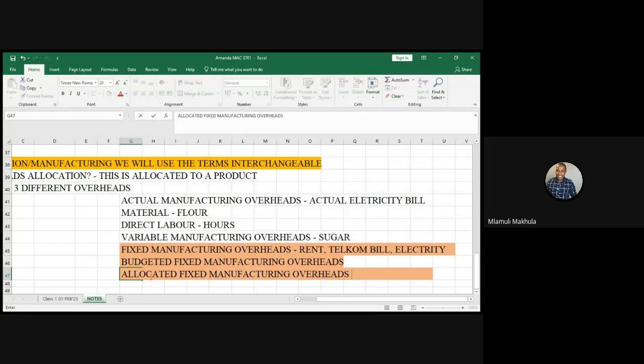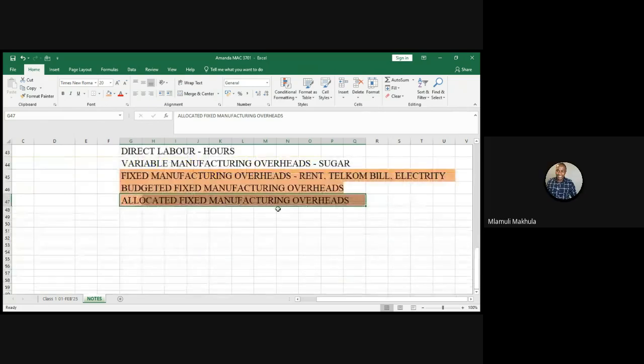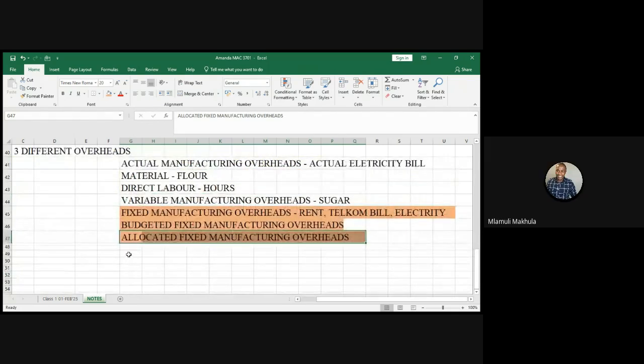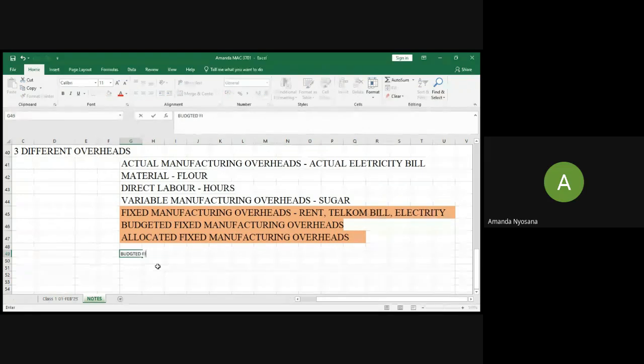Are you with me? Does it make sense? I think I don't get the allocated fixed manufacturing overhead. All right. So remember, I said we will come up with a budgeted fixed manufacturing overheads.